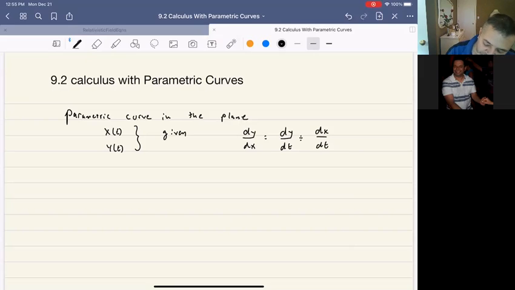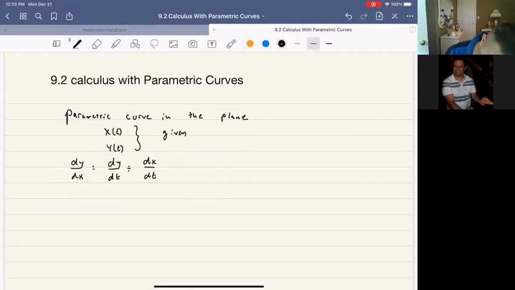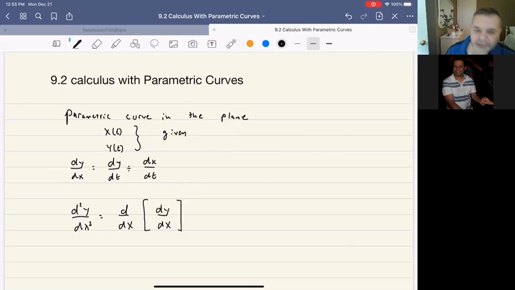Now let's say we also asked for the second derivative. d²y/dx² is going to be d/dx of dy/dx. When you do this d/dx, remember there's a t in there.